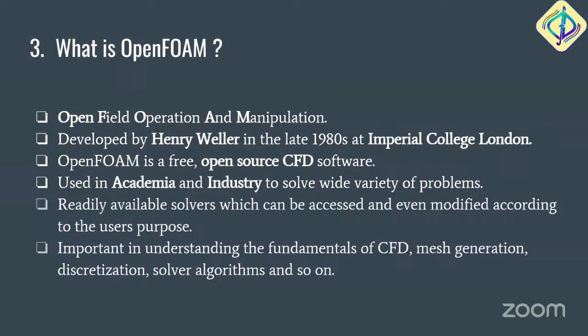Moving on to the next thing, that is OpenFOAM. What is OpenFOAM, you might ask? OpenFOAM stands for Open Field Operation and Manipulation. That's the very basic full form of it. It was developed by Henry Weller in the 1980s, and it's still being developed. You'll have two versions of OpenFOAM now: the .org version, that is the foundation version, and the ESI version.